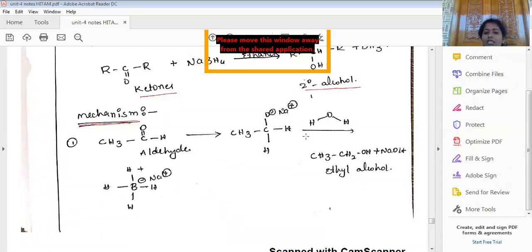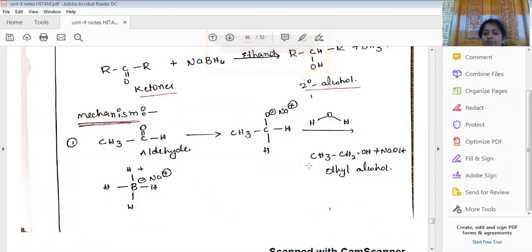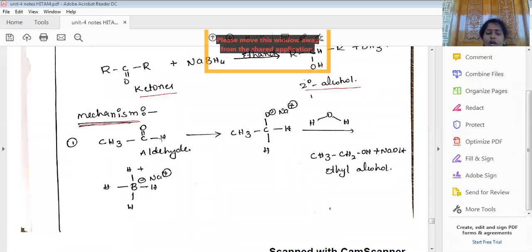Now further it is subjected to hydrolysis when water is added. One side H, one side OH minus is added. It is converted into CH3CH2OH, and the byproduct will be NaOH. This is a simple reaction of sodium borohydride with an aldehyde. What is going on here?